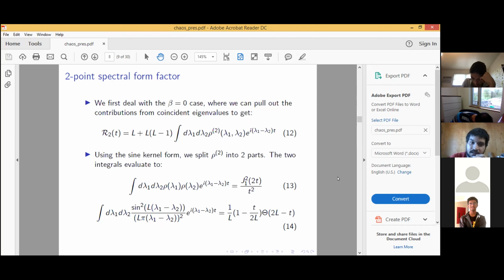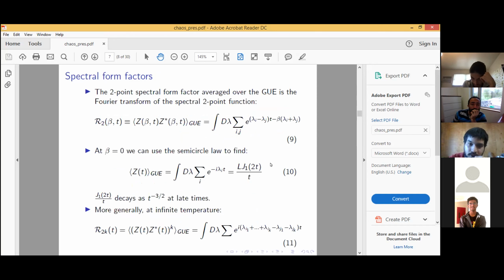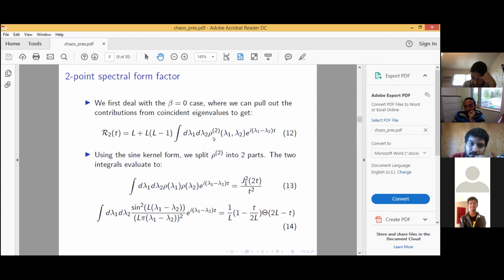There we have a contribution from coincident eigenvalues. When i equals j, we can pull that contribution out and write L. For the other eigenvalues, the contribution looks like L times (L minus 1) times this average, and we have a rho 2 inside the average.